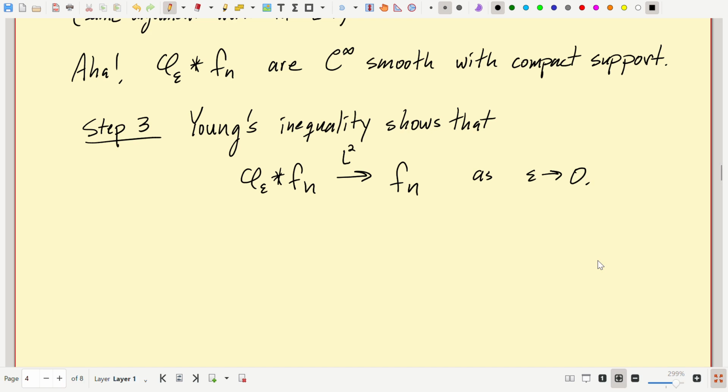So I've got C infinity smooth compactly supported things that converge to my Fn, and my Fn converges to F.